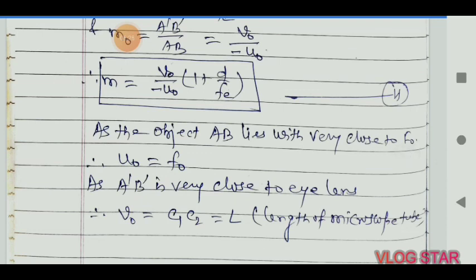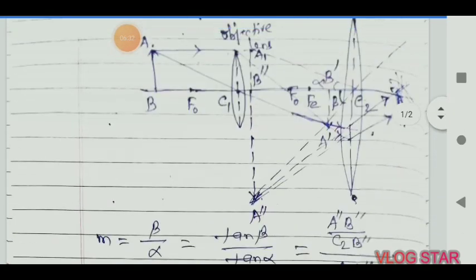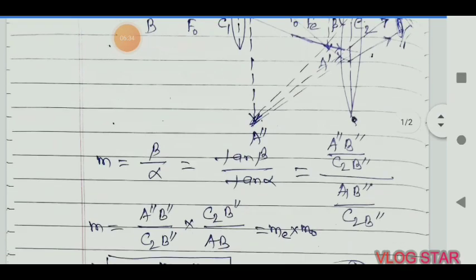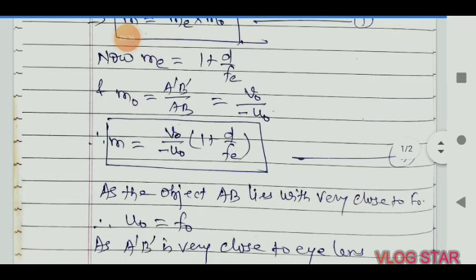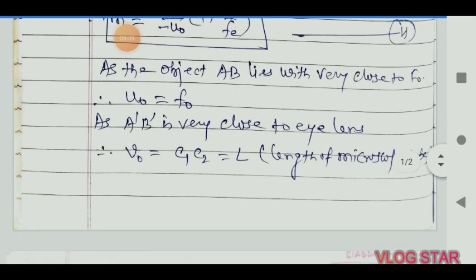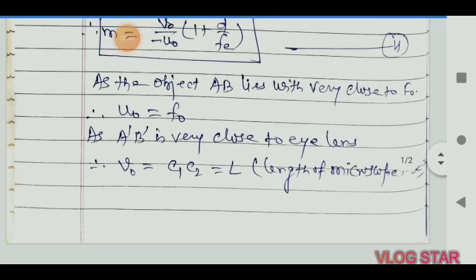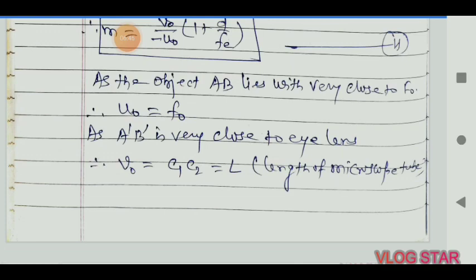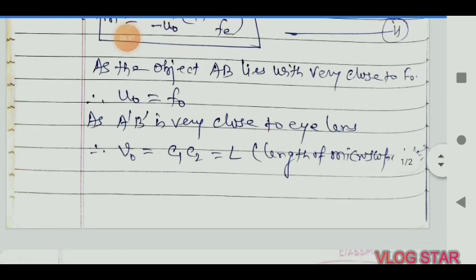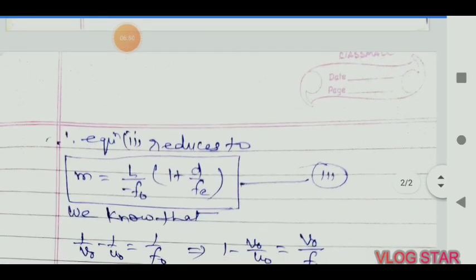And A dash B dash, the image formed by the objective lens, is very close to the eyepiece, so we can take V_0 equal to C1 C2, that is the length of the microscope tube, the distance between these two lenses. So the equation reduces to L by minus F_0 times 1 plus D by F_E. You can also write it in that way.